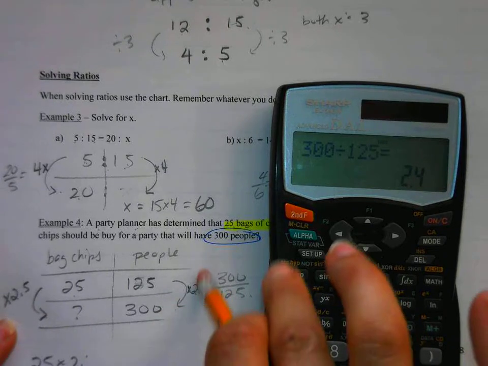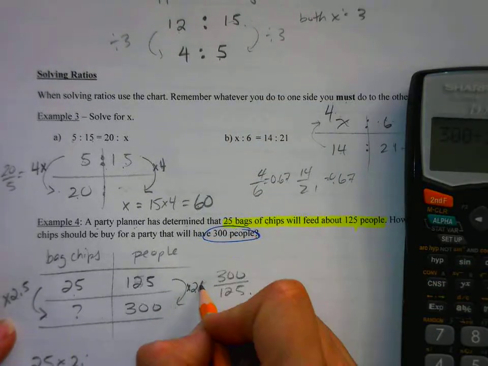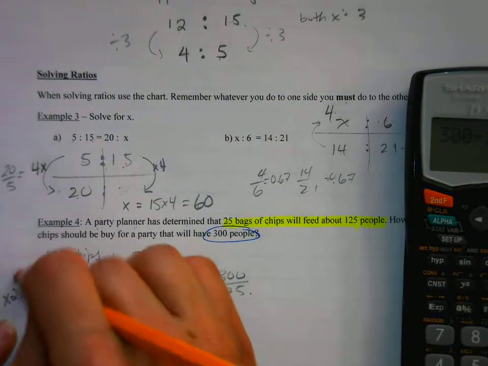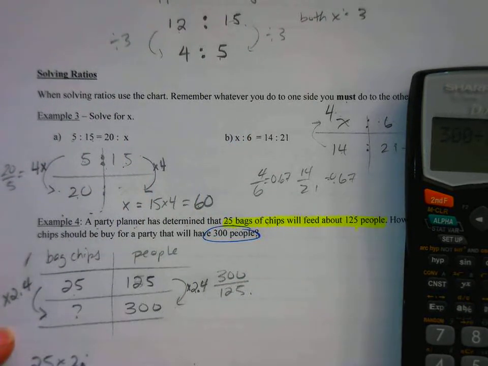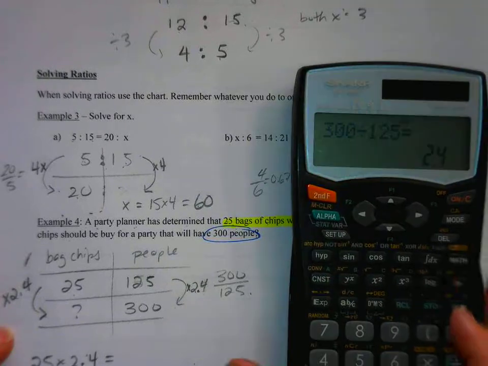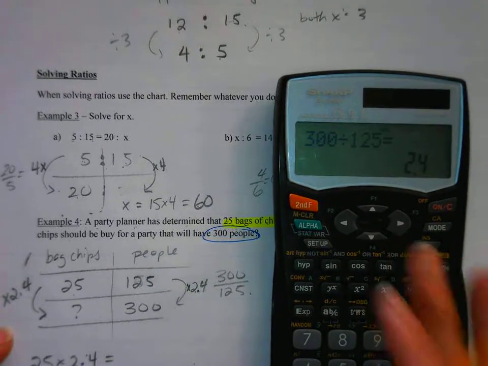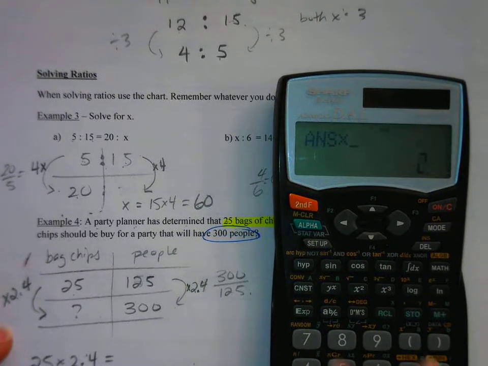Yep. Sorry, guys. Make sure you keep track of your numbers. It's easy to mess up. There we go. So 2.4. So I have the 2.4 on the calculator, multiply that by 25, and I get 60.